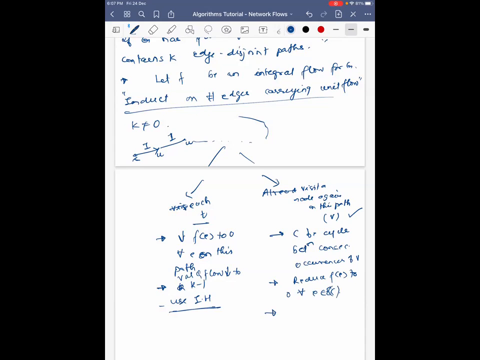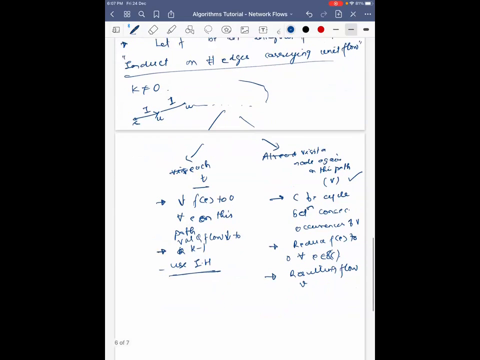Now, does this operation have any effect on the value of the flow in general? No, because we haven't reduced any flow coming out of S or going into T. So the resulting flow continues to be of value K, but now you have fewer edges carrying your unit flow than what you started with.